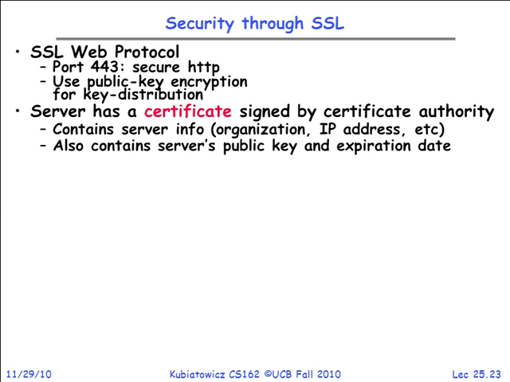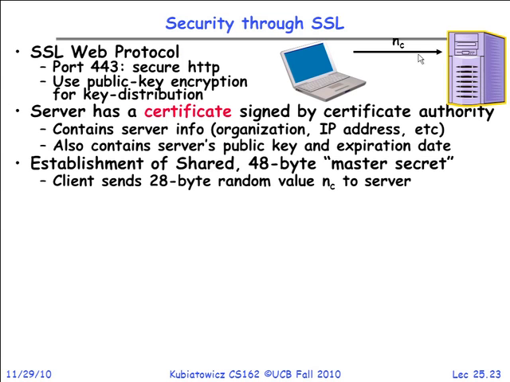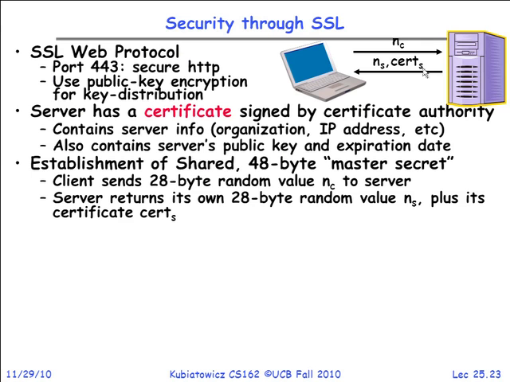And here's how we establish a 48-byte shared key between you, the client, and the server. Okay, so the first thing is the client sends a 28-byte random value to the server, and that's in the clear. The server sends back a 28-byte random number also in the clear, and its certificate. Now notice the certificate is supposed to be in the clear, because this is the thing proving that its public key is what they say it is.